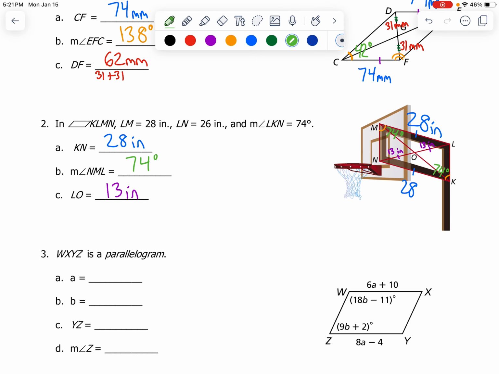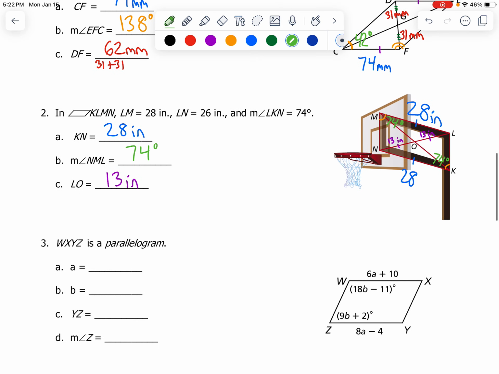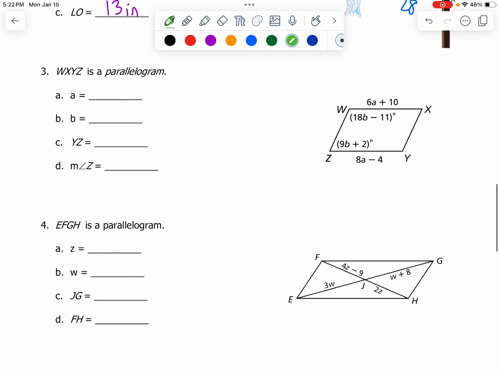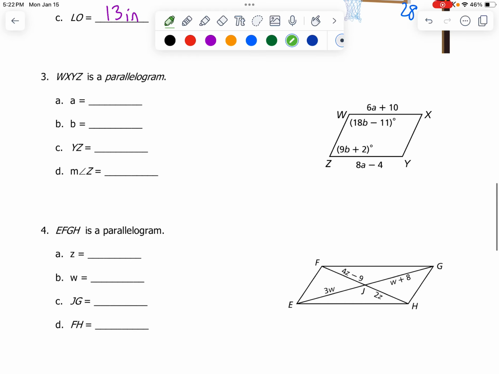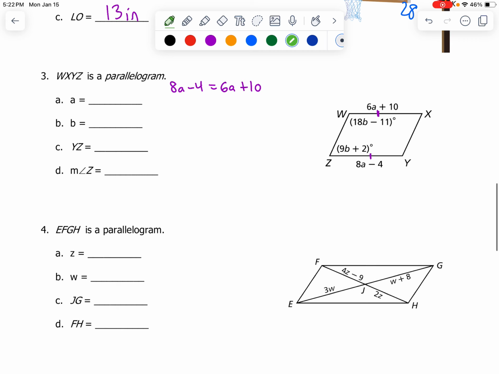Okay. Next, let's take a look at some algebra, because everybody loves algebra. And there's not a correct order. You can do the angles first, you can do the segments first, whatever makes you happiest. So we can see right away that the opposite sides are congruent. So 8a minus 4 equals 6a plus 10. So we're going to solve the equation.